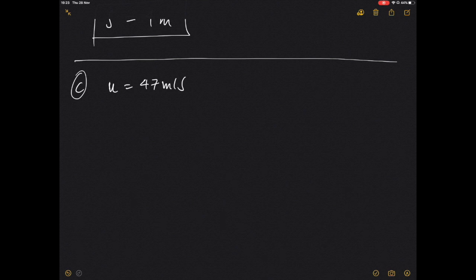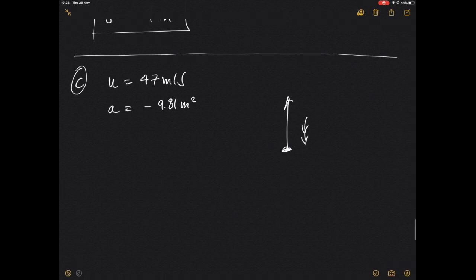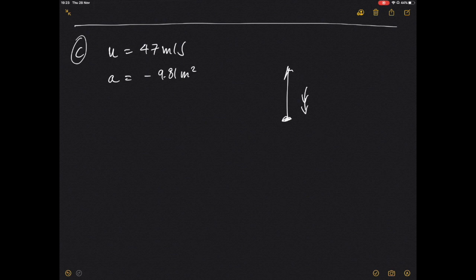Okay, so this is probably something quite useful, where the acceleration of gravity is 9.81 meters per second squared. So we know gravity equals minus 9.81 meters per second squared. Effectively, we've fired this rock particle up and gravity is pulling it back down, just like the apple did on Isaac Newton's head. So this is quite simple. We know the initial velocity is 47 meters per second, and the final velocity must equal the point at which it comes back down again.